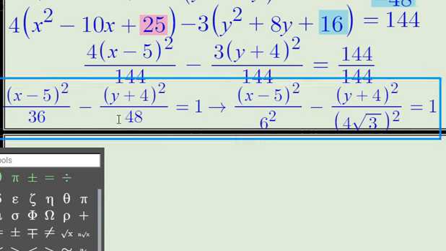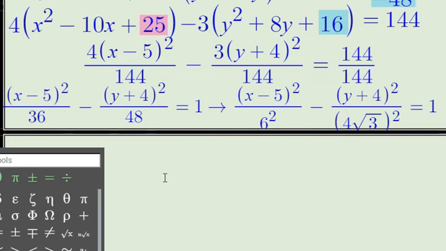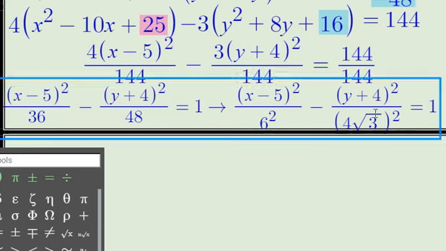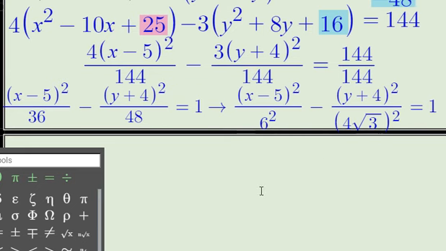And this is my equation of a hyperbola, ready to go into my graphing calculator.